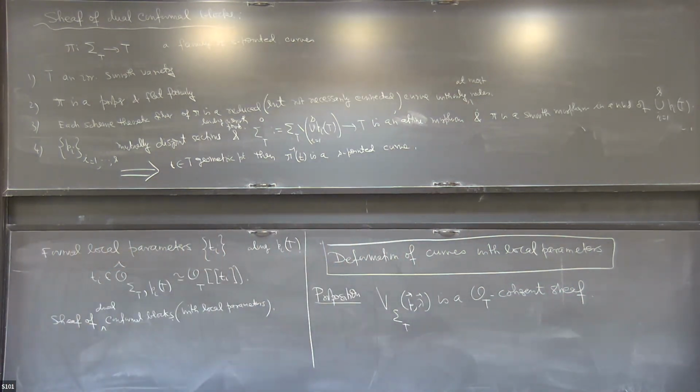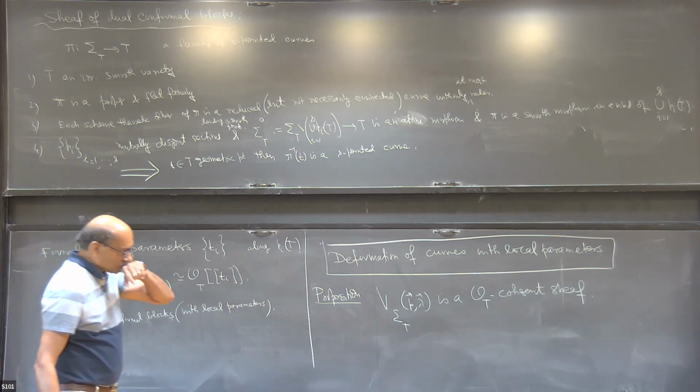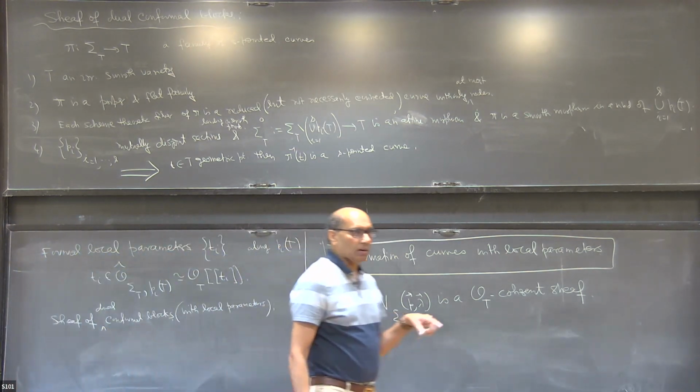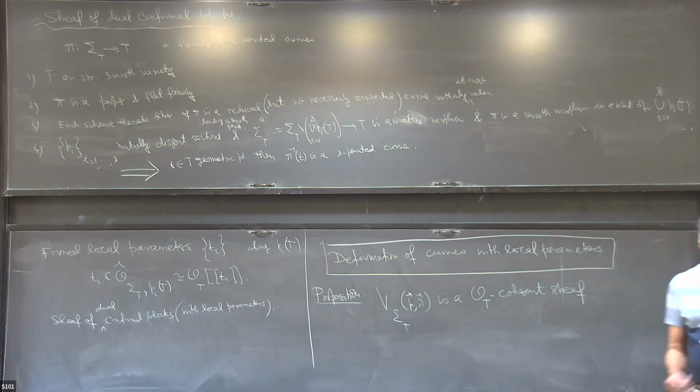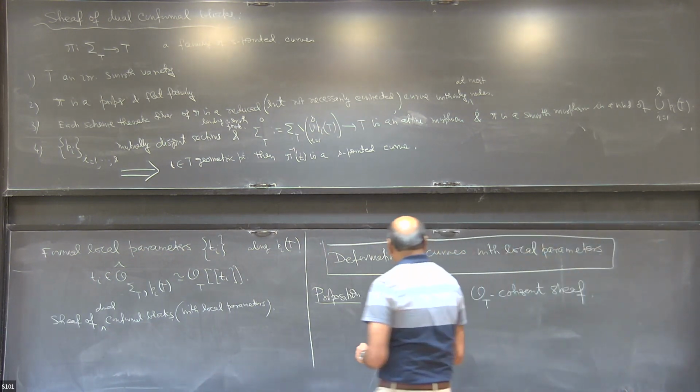Now, the proof of this is very similar to the proof, which I have not given so far, that this space of dual conformal blocks is finite dimensional. And the proof is really a kind of a simplified version of that proof. So in any case, I have not given the proof.